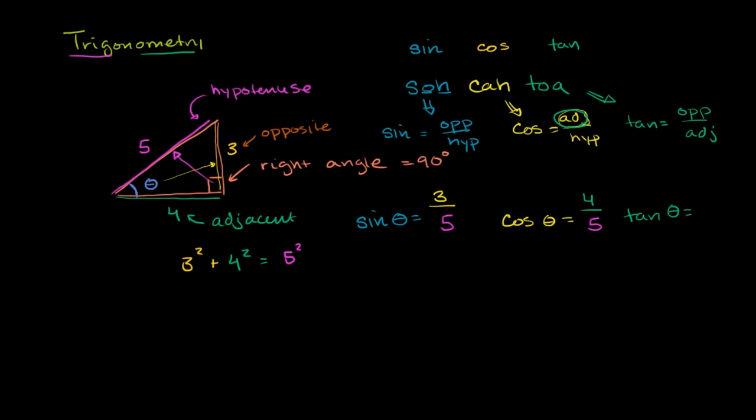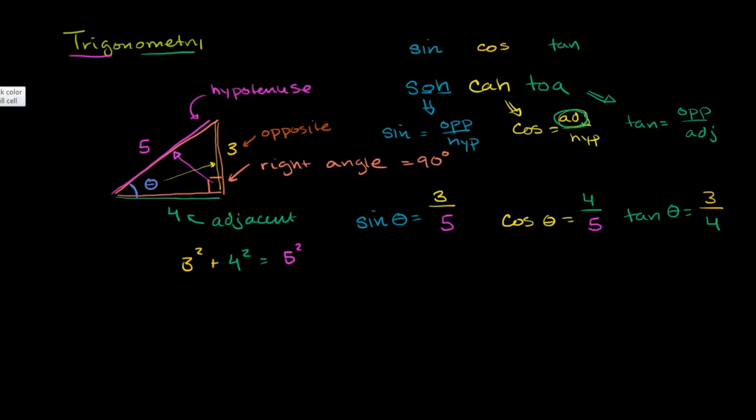The opposite side is 3. What is the adjacent side? We already figured that out. The adjacent side is 4. So knowing the sides of this right triangle, we were able to figure out the major trig ratios. And we'll see there are other trig ratios, but they can all be derived from these 3 basic trig functions.